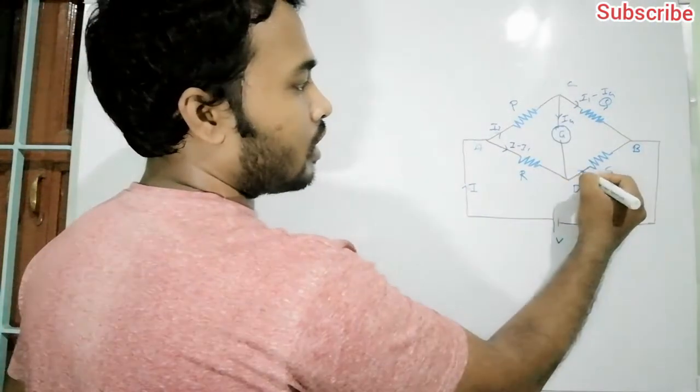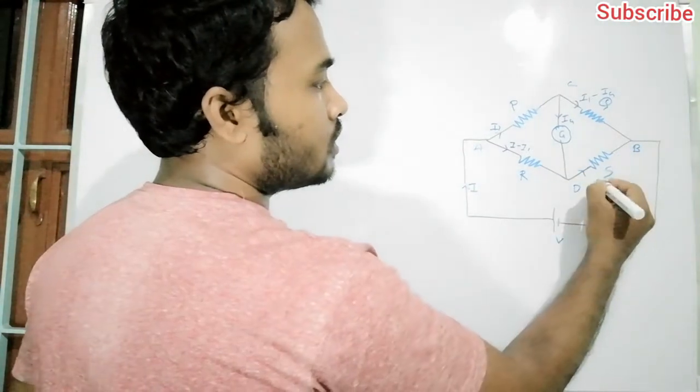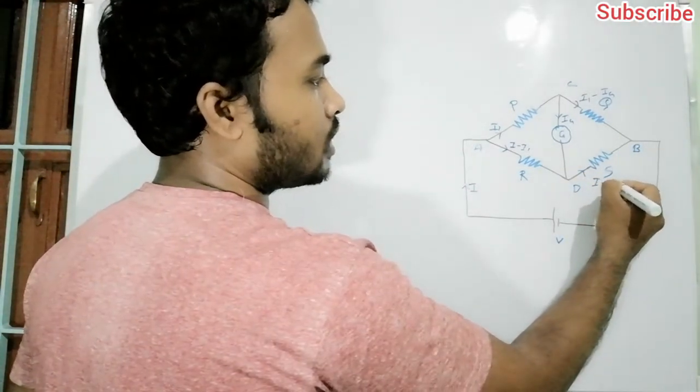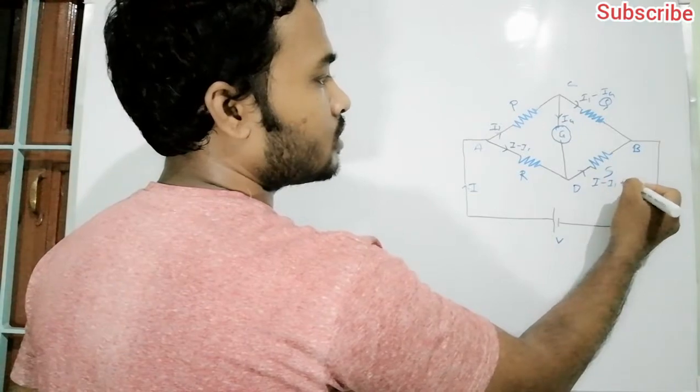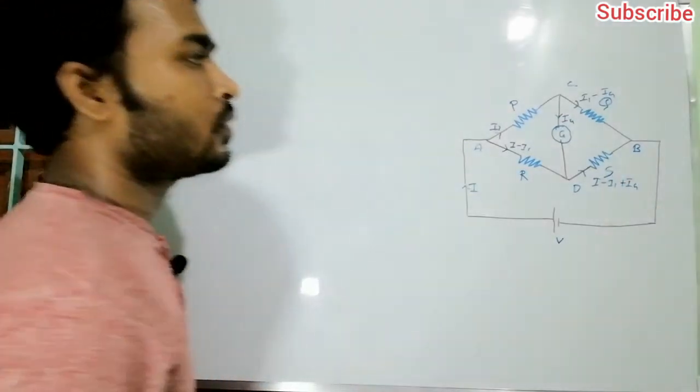So the current from D to B is I minus I1 plus Ig.